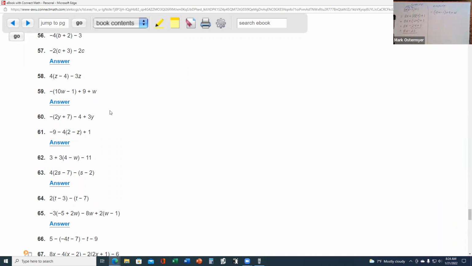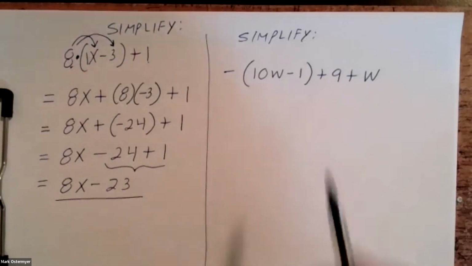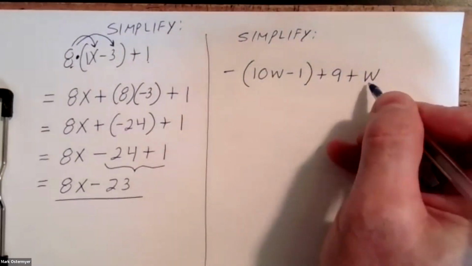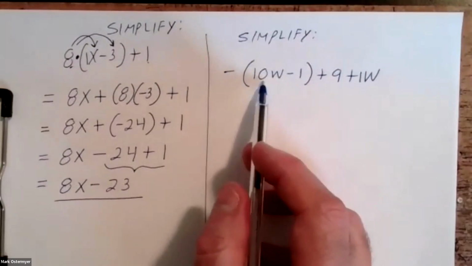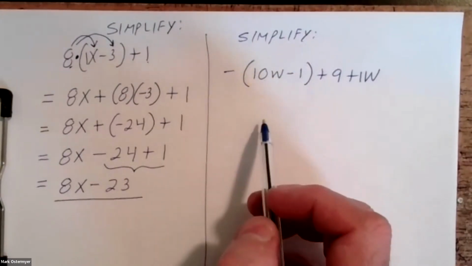We need to simplify this algebraic expression. I do see this like term of 10w that has to get combined with this w, or 1w, over here. But the problem is 10w is in jail. We have to get 10w and this minus 1 out of jail.